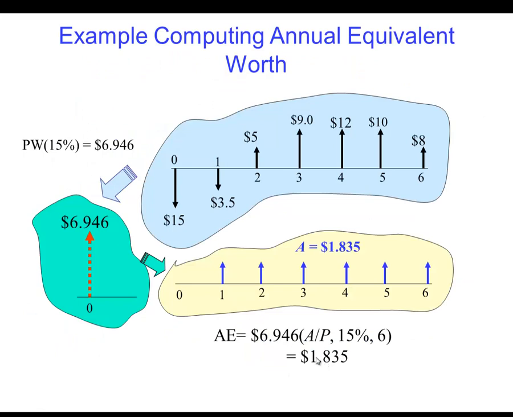Let's look at the following example. We have the cash flow of 15 at 0, 3.5 at 1, and then we have negatives.